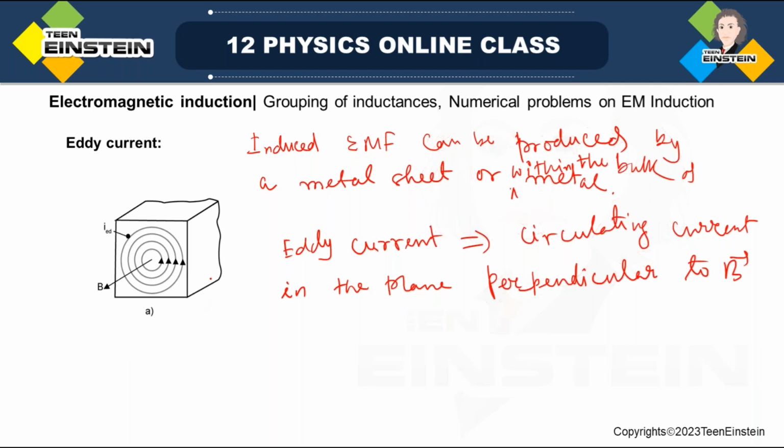See, eddy current is not very desirable to arise in our useful experimental or application setups, like in the motor or in the core of the transformer. We use bulk material as the core, or in a motor we use a core of soft iron or something like that.